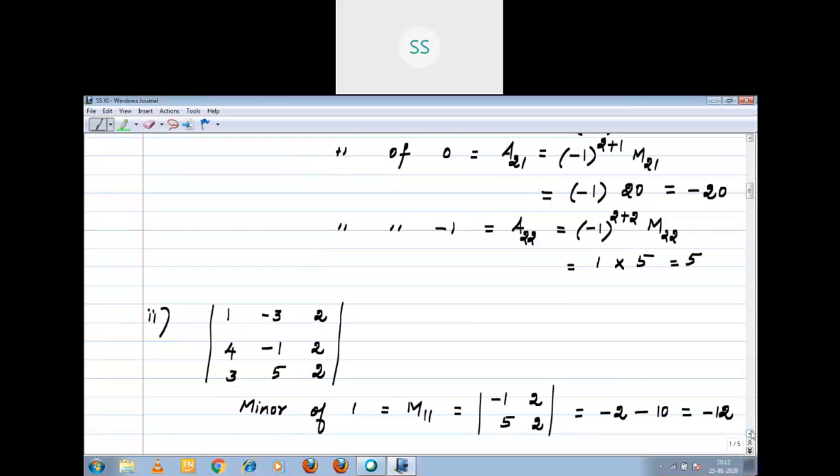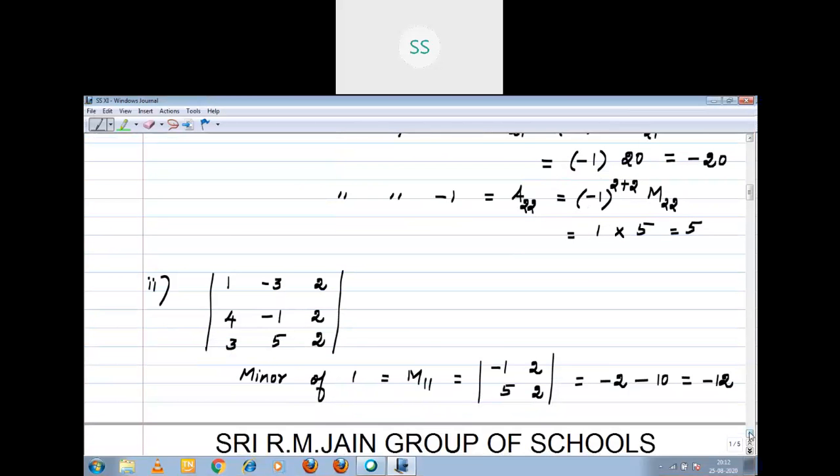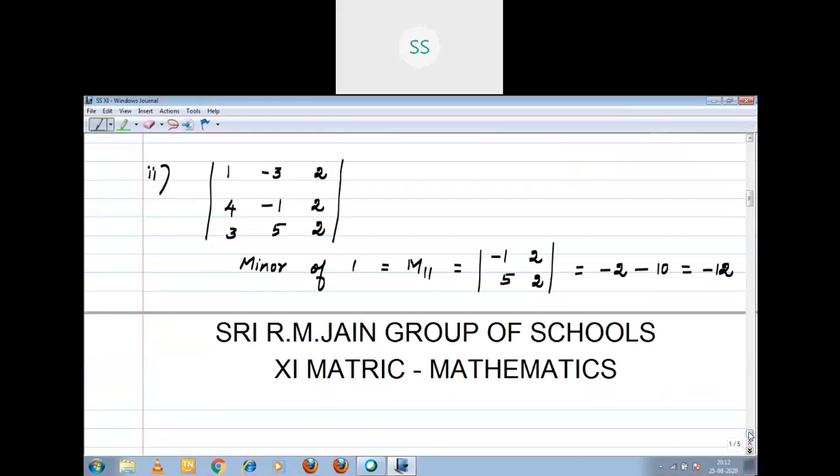The rest of the thing will give you the minor. Next, minor of minus 3. Where is it located? First row, second column. That means first row and second column should be deleted. What should be the rest? 4, 2, 3, 2. Now, product of main diagonal minus product of sub-diagonal.